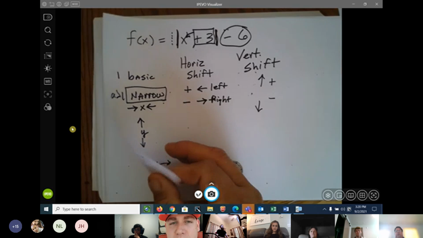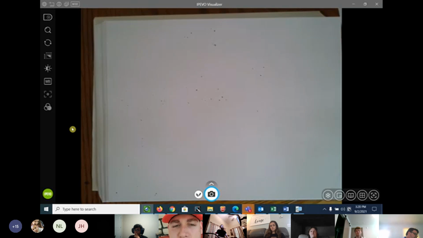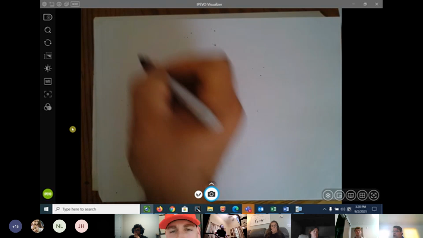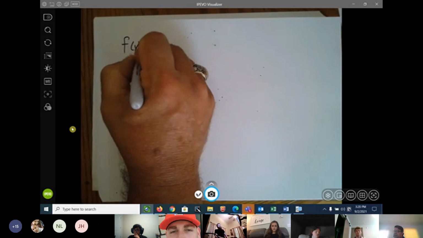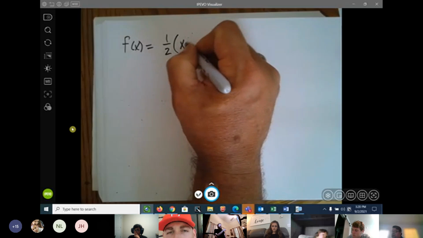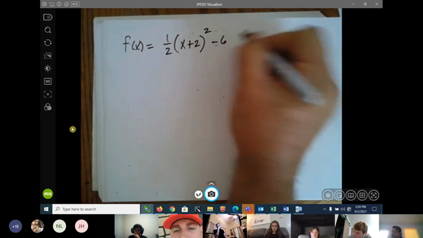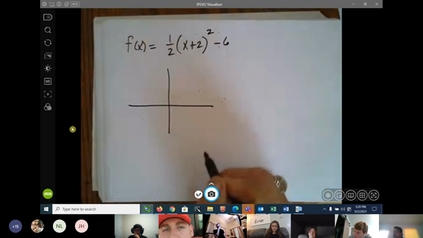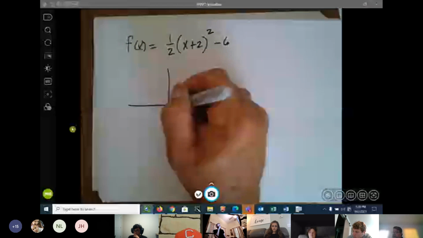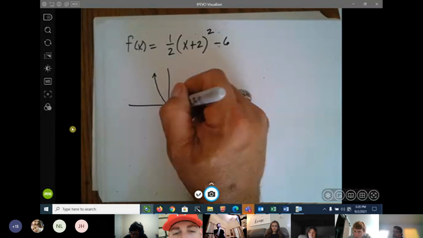Now, what else do you need to know to go with this? Well, you need to know how to enforce it. So here we go. F of x is equal to 1/2 times the quantity x plus 2 squared minus 6. This is a regular parabola right here. This is f of x is equal to x squared.